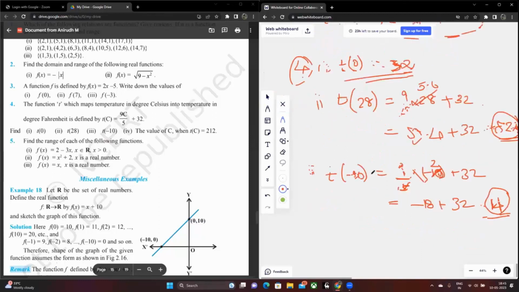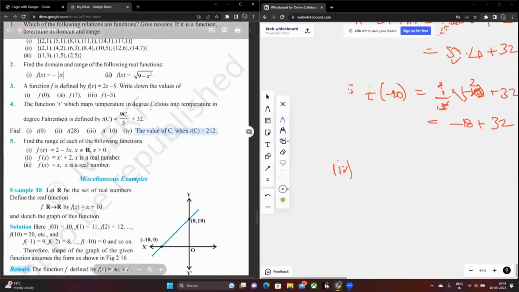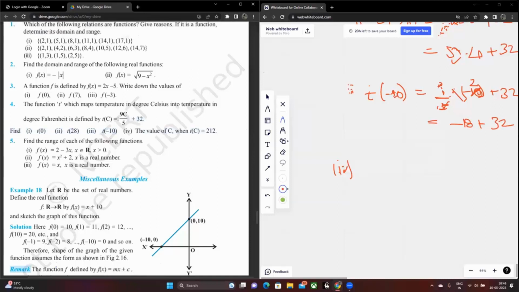T0 is 32. And then you have question number 4, that is the inverse value of C, right? Here you have to note that this value of C when T of C is 212 exists properly because this is a one-to-one function, right? For every value of C, you will have a unique value in the range. You don't have two values of the range.